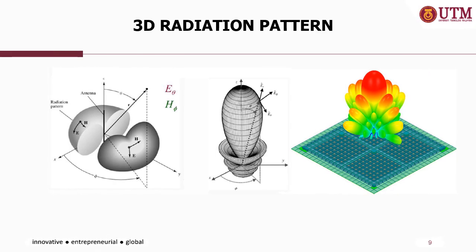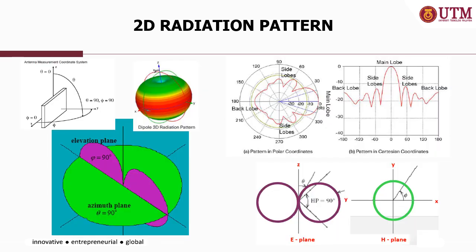Okay, this slide shows some 3D representation of the radiation pattern. Next is the 2D radiation pattern. It is basically the extraction or the cut from the 3D pattern at some plane.